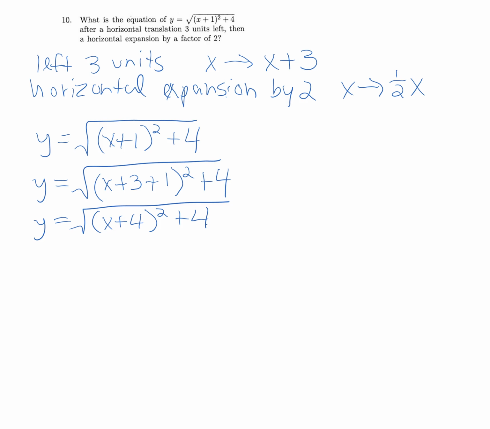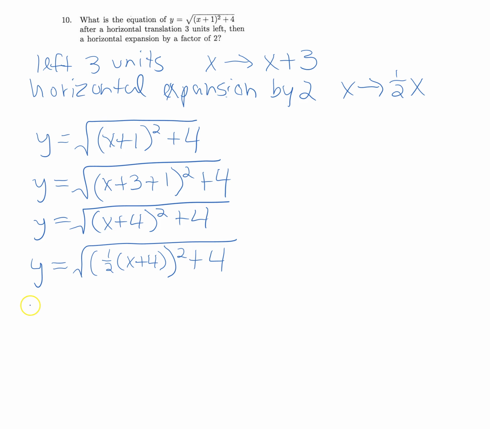So in this case, we have to apply the 1/2 to both x and the plus 4 in our equation. So this is going to look something like this: one half times (x plus 4), that whole thing squared, and then plus 4 on the outside.